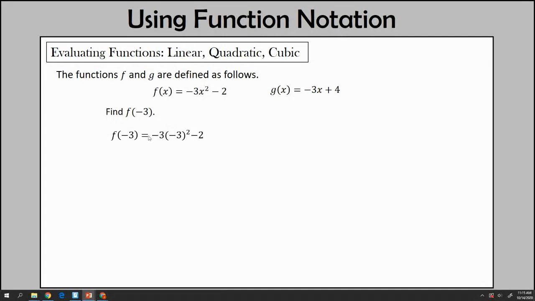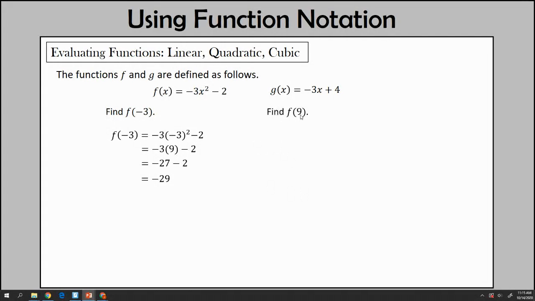So the first thing we do here, order of operations, is square -3. So that's going to be -3 times -3 is +9. Now I got multiplication, subtraction. We'll do multiplication next. -27 minus 2, -29. So f of -3 is -29. Input a -3, output a -29.